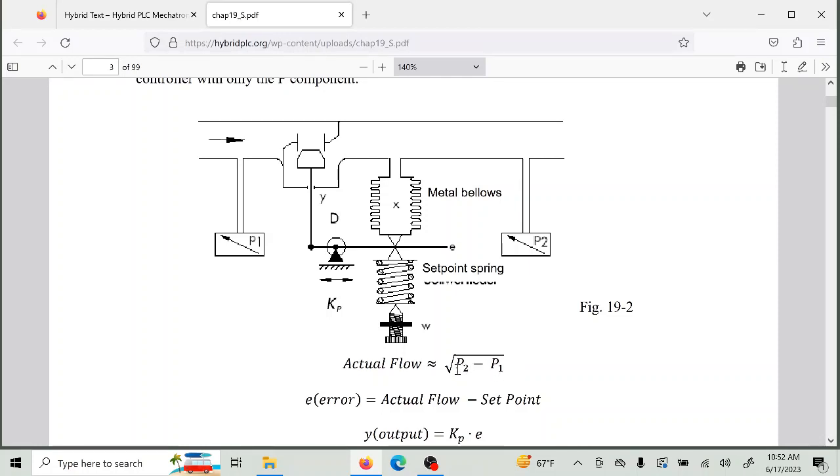So it's a square root operation. We don't have a square root extractor here, but we know that as the pressure difference is more, this is going to push down more, this is going to push up, and that's going to push this plunger more closed.